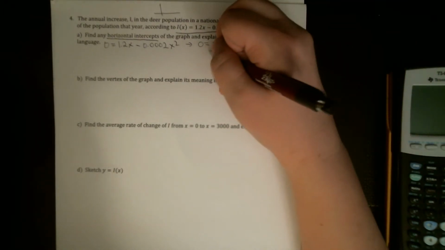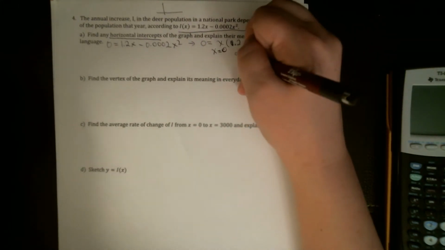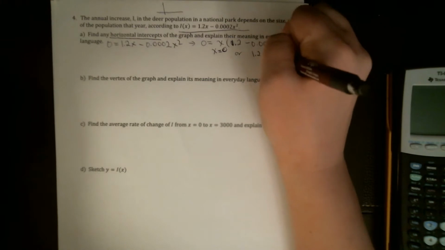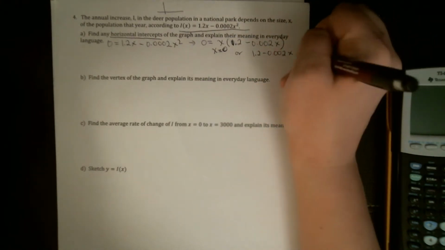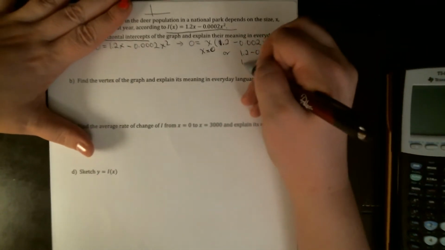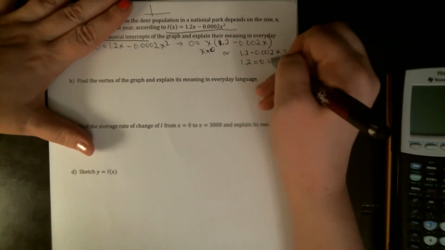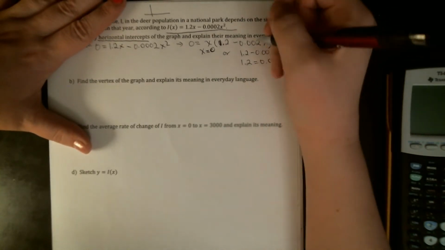So it's looking like I get x equals 0 or 1.2 minus 0.0002x equals 0, which means 1.2 is equal to 0.0002x. I think I keep dropping a zero. Sorry, guys.